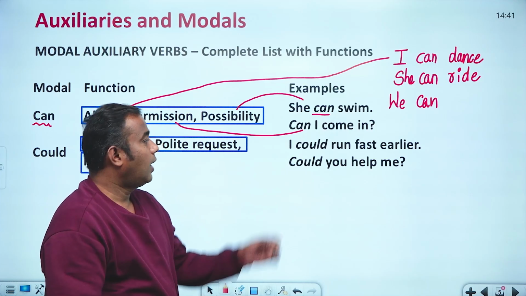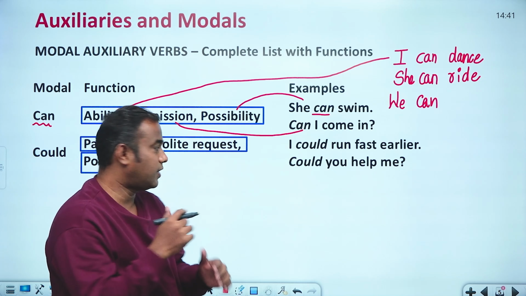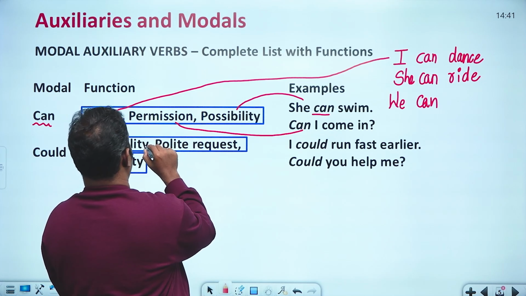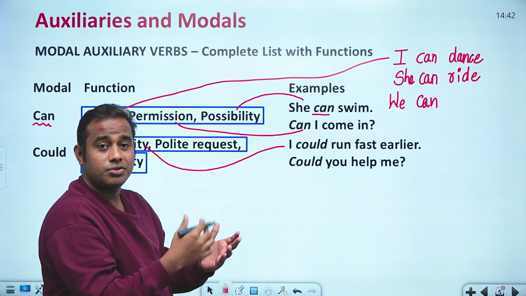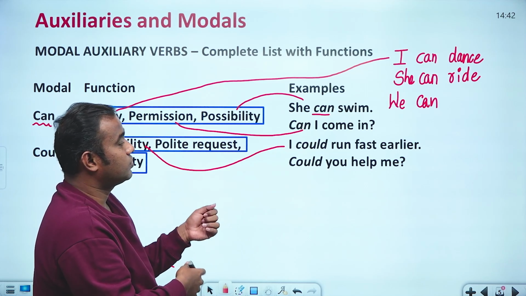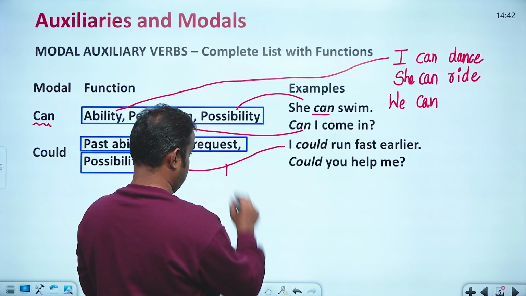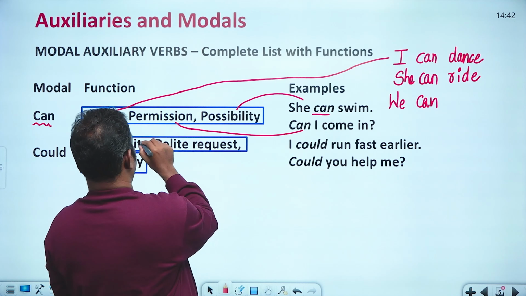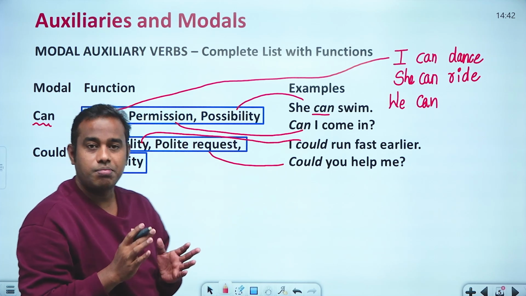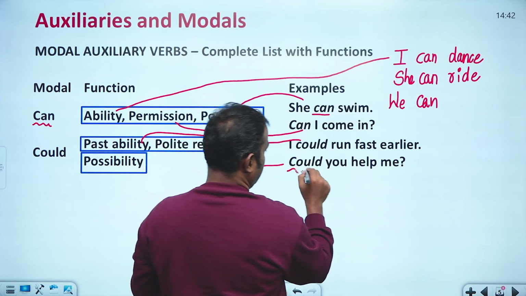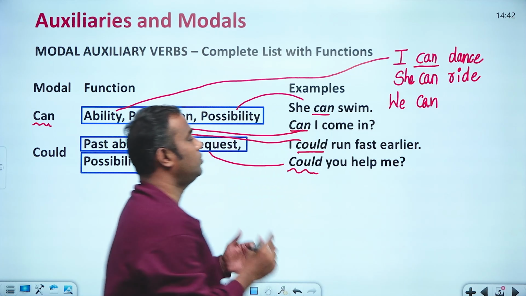I could run faster earlier means in previous days you were able to run fast, but now you are not doing it because of health issues, knee pain, something. Polite request is this one: Could you help me? Could you help me?